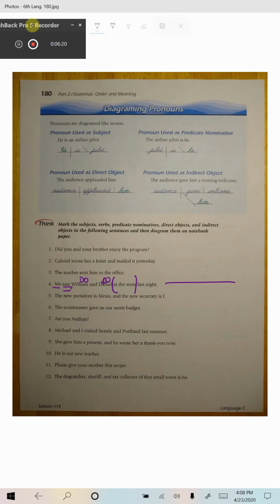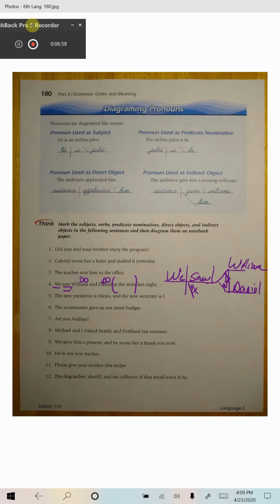All right, so we saw, I'll make this a little shorter so I can fit them both on here. Oops, I guess that gets rid of all of it. So you saw two direct objects. So make your direct object line, then break it up. William and Daniel. Okay, so where did you see them? At the store.